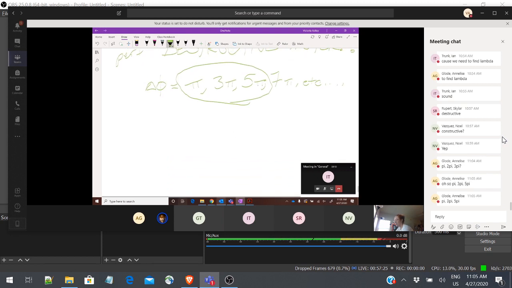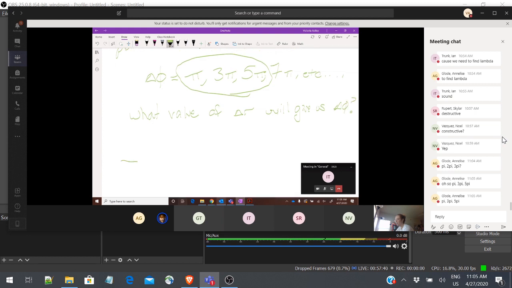So, now we need to know what value of delta R will give us these values of delta phi. And then we can solve for what values of R1 and we'll have 3 answers.